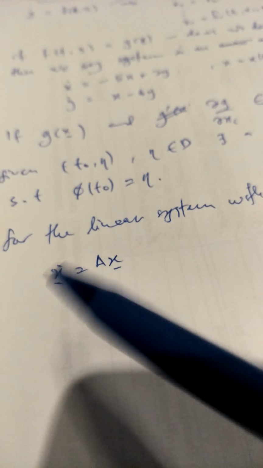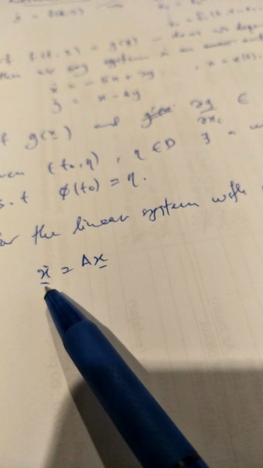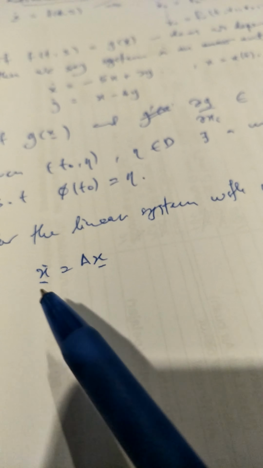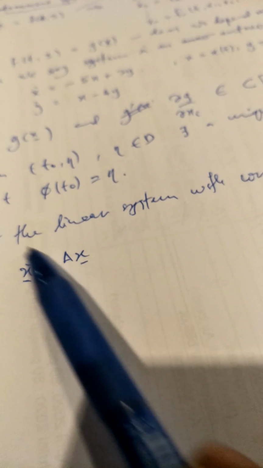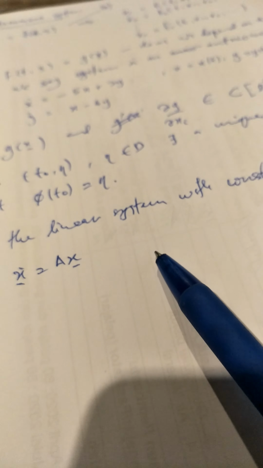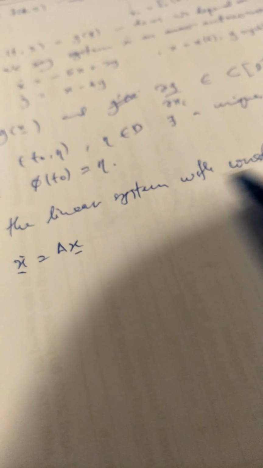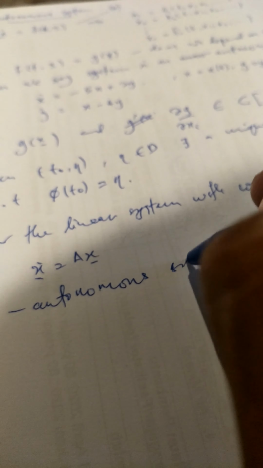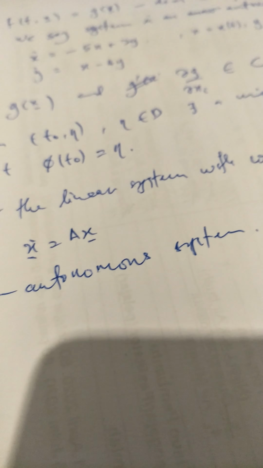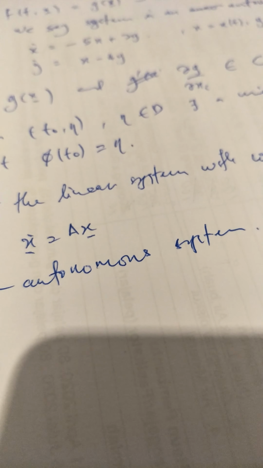This is a system, where x bar means we have x1, x2, x3, x4, and so on. So in this case, for the linear system with constant coefficient, we call it an autonomous system. Why? Because it does not depend on t.